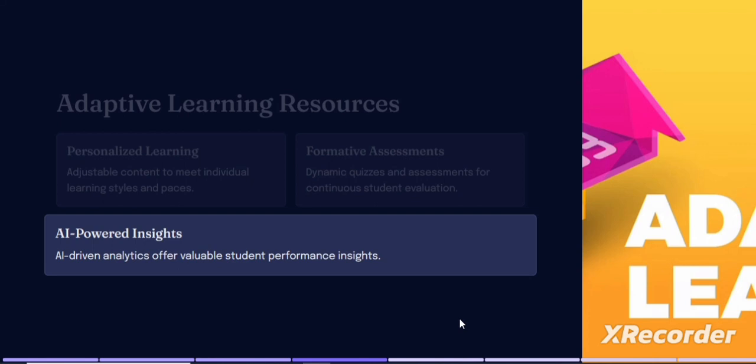Yes, AI powered insights. I will, like I said earlier, show you some powerful AI tools that you can use to generate your lesson notes and even PowerPoint presentations and things like that.